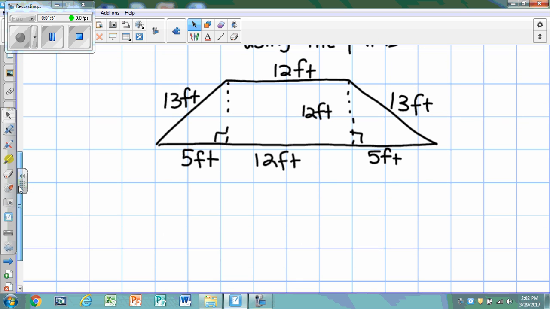We're going to look at these parts to be able to solve for the area of this trapezoid. This whole thing is composing a trapezoid, yes? Yes. So the trapezoid is made of two right triangles and the square.